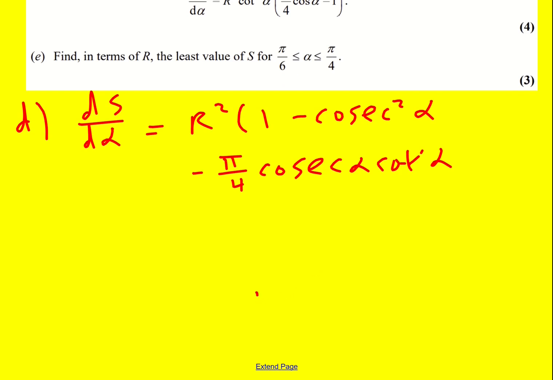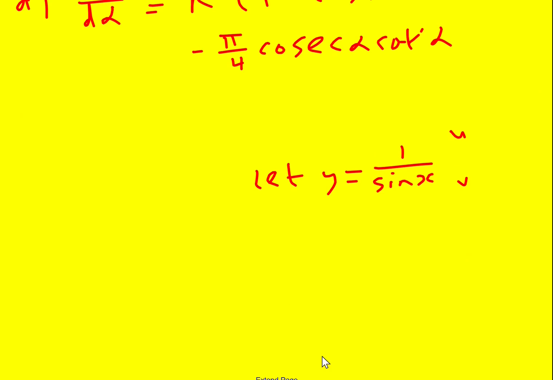So let's let y equal 1 over sine x. This would be u, this would be v. dy by dx is, we use the quotient rule, so u dash v minus u v dash over v squared.